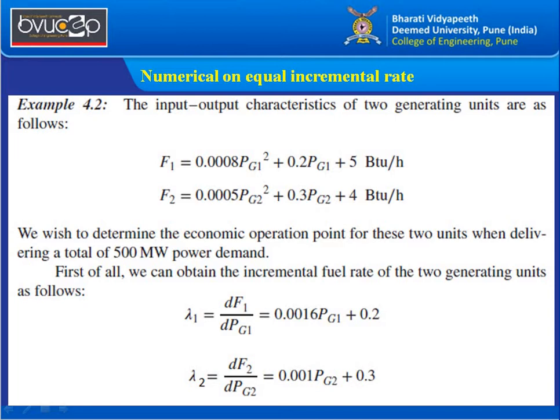Similarly, for the second generator, df2 by dPg2 gives 0.001 Pg2 plus 0.3. Note that we are taking the derivative of the first equation with respect to Pg1 and the second equation with respect to Pg2. This is very important from the incremental rate point of view.